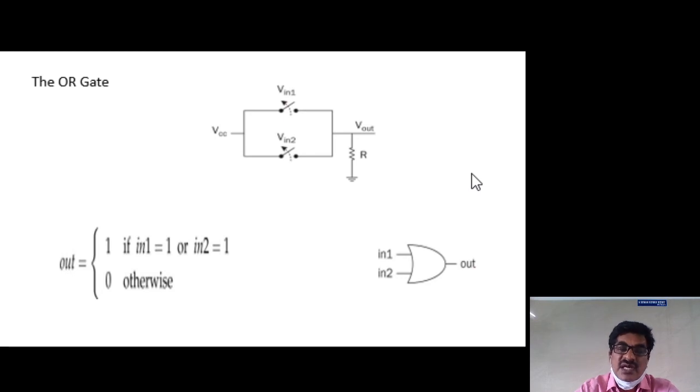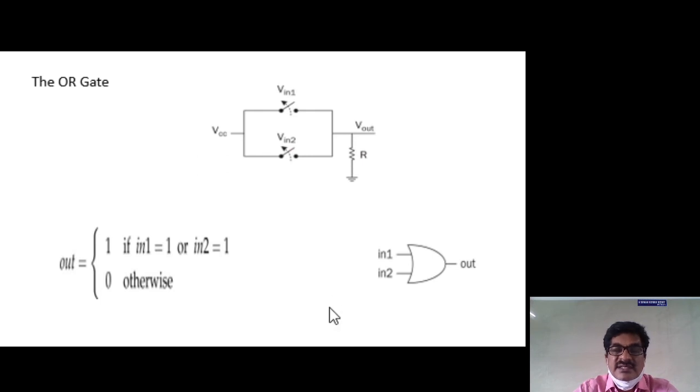Of course, if both inputs are at logic 1, both switches are closed, so in that case also Vout equals VCC. So this structure performs the OR functionality. What is OR functionality? If any one of the inputs is 1, the output is 1. Otherwise it is 0. If at least one of the inputs is high, the output is high, otherwise it is 0.